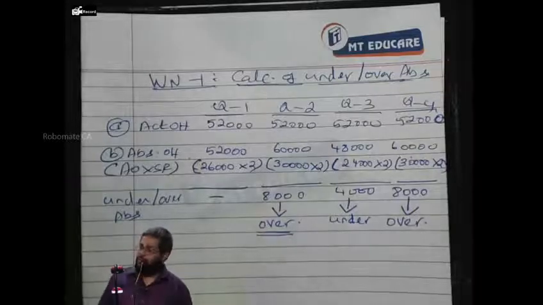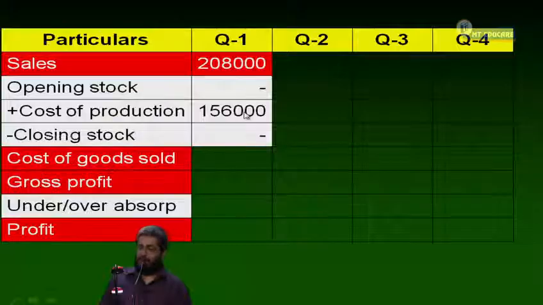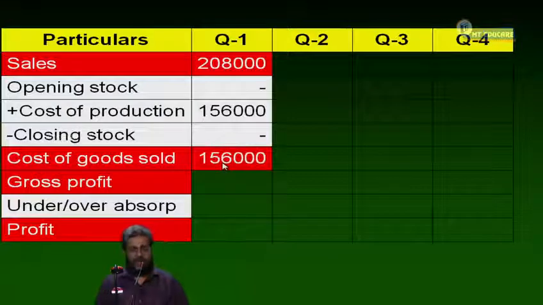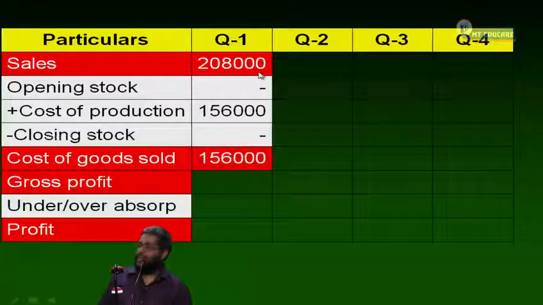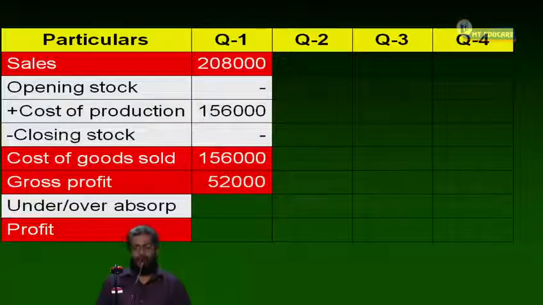No. That means the cost of goods sold is opening stock plus cost of production minus closing stock, which gives 1,56,000. Sales minus cost of goods sold, 2,08,000 minus 1,56,000, gives a gross profit of 52,000.